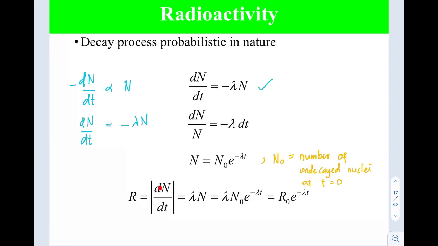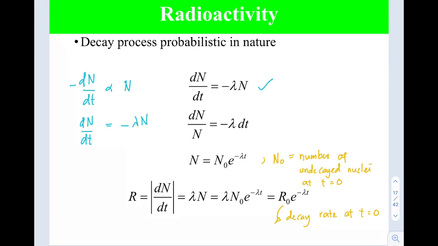Why modulus? Because for rate we only consider the magnitude, which is equal to lambda N. Our N itself is N naught e to the negative lambda t. So lambda N naught is actually R naught, the decay rate at t equals 0.